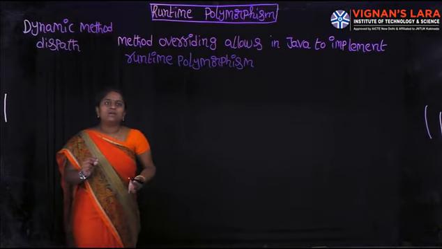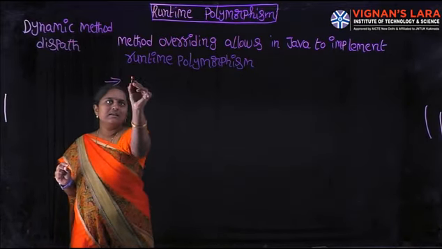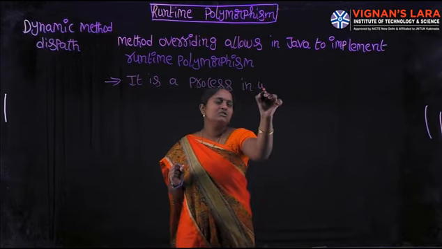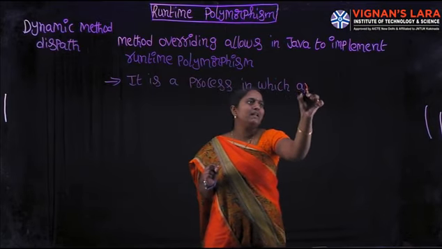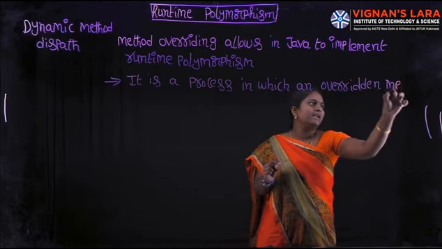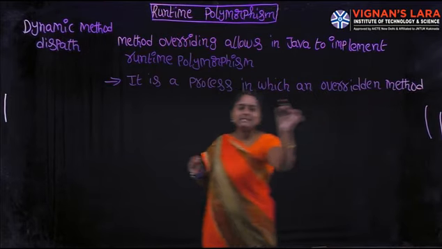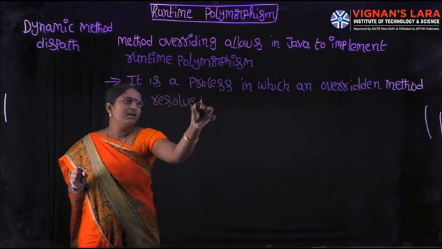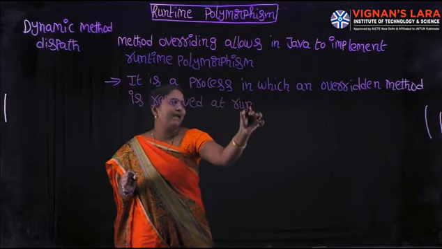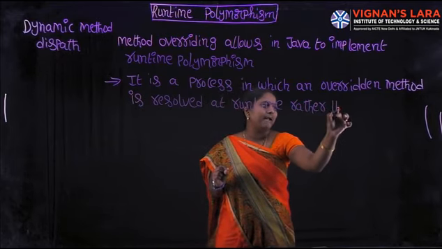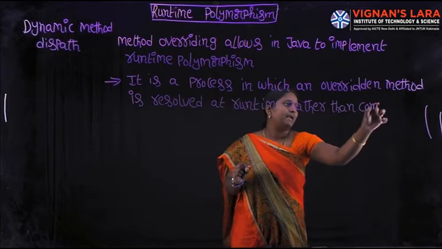What is runtime polymorphism? It is a process in which an overridden method is resolved at runtime rather than compile time.